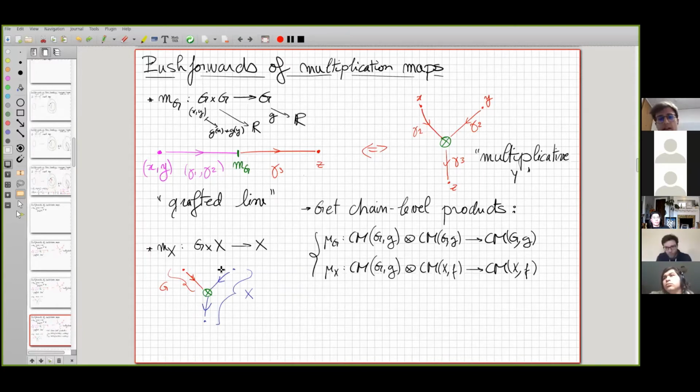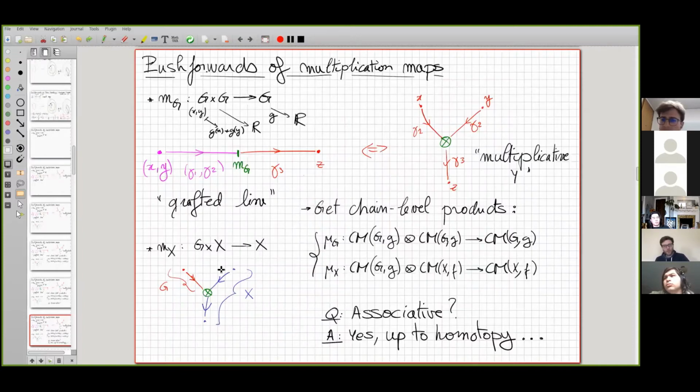And yeah, you could ask, are there actually algebra and module structures? So basically you ask whether these are associative, and maybe asking strict associativity is too much to ask on the chain level. But the thing is that this will be associative, but only up to homotopy. Okay, and in fact, this will be part of an infinity structure.